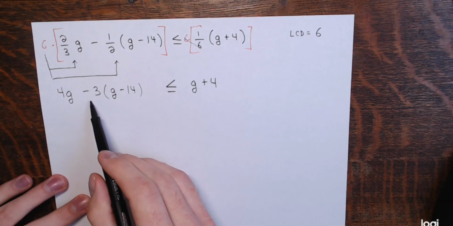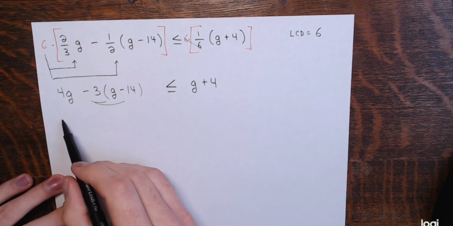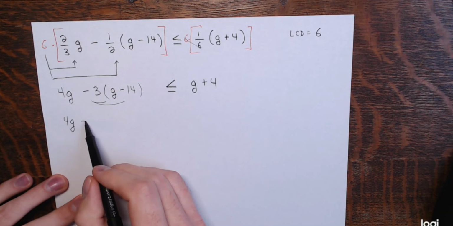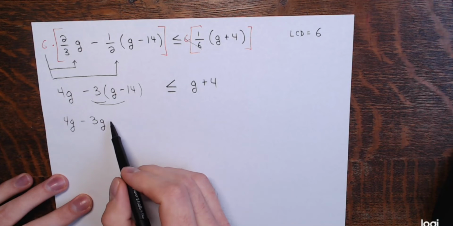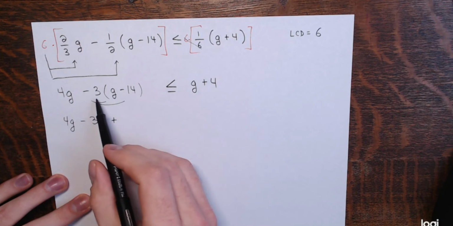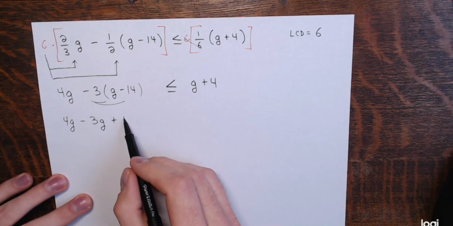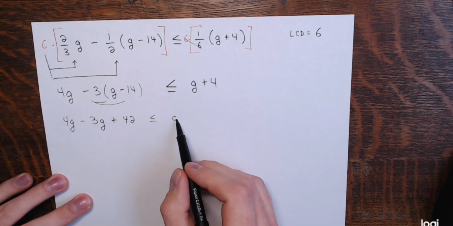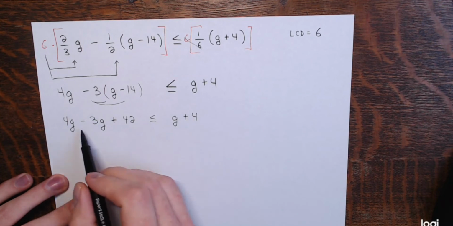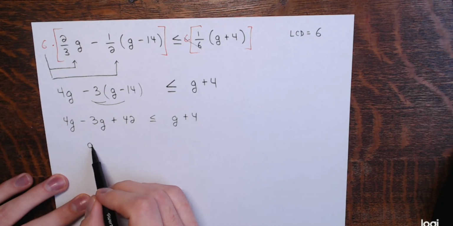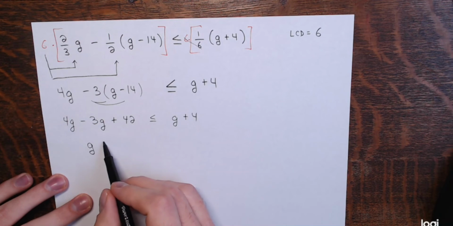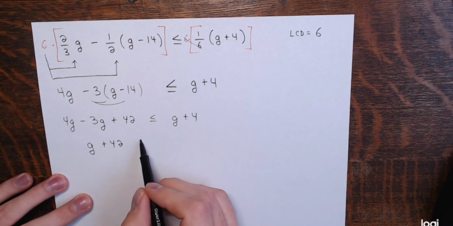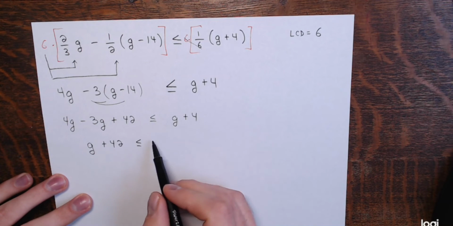Then we distribute the negative 3. You get 4g minus 3g plus 52. No, sorry, 42. 30 plus 12 is 42. Is less than or equal to g plus 4. And then I'm just simplifying: g plus 42 is less than or equal to g plus 4.